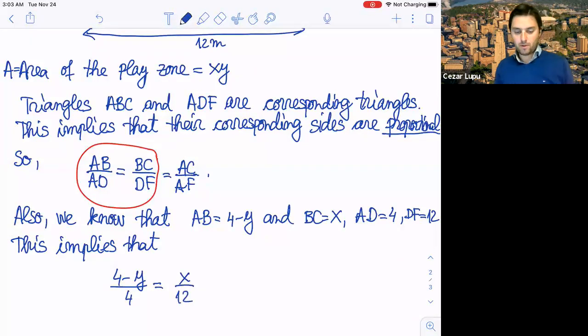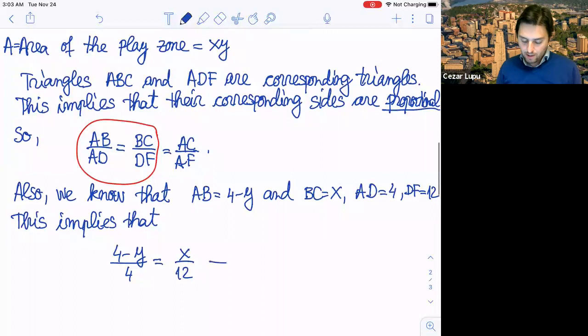All right, that's beautiful. And from here, if we do the computations, this will imply that y is the same as 4 minus 1/3 times x.